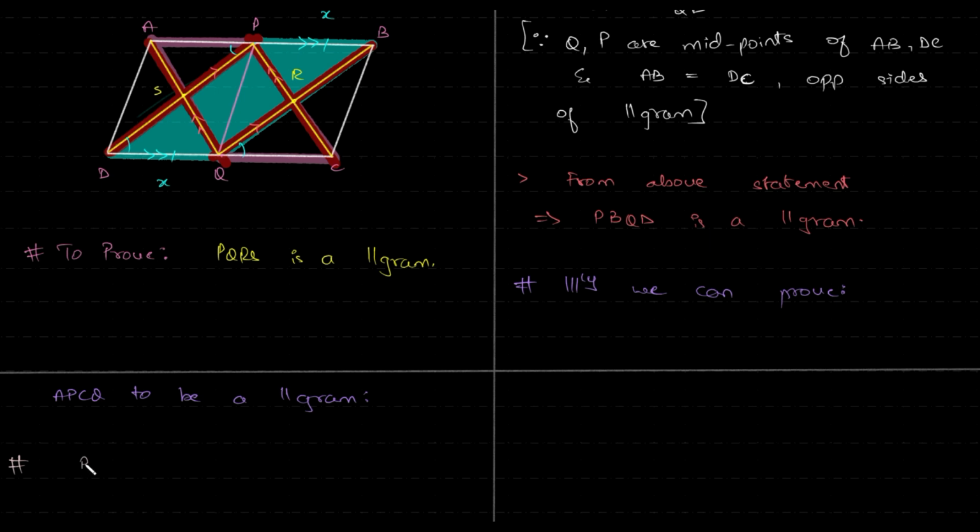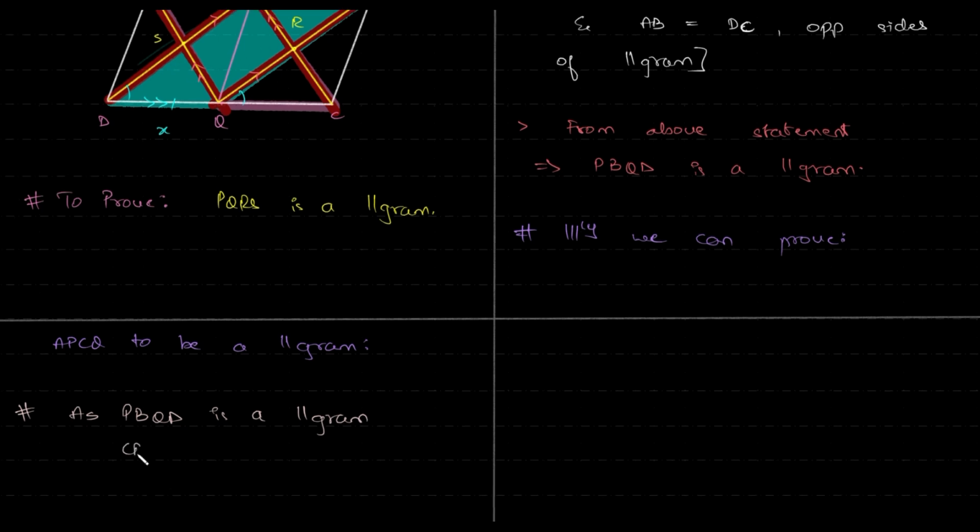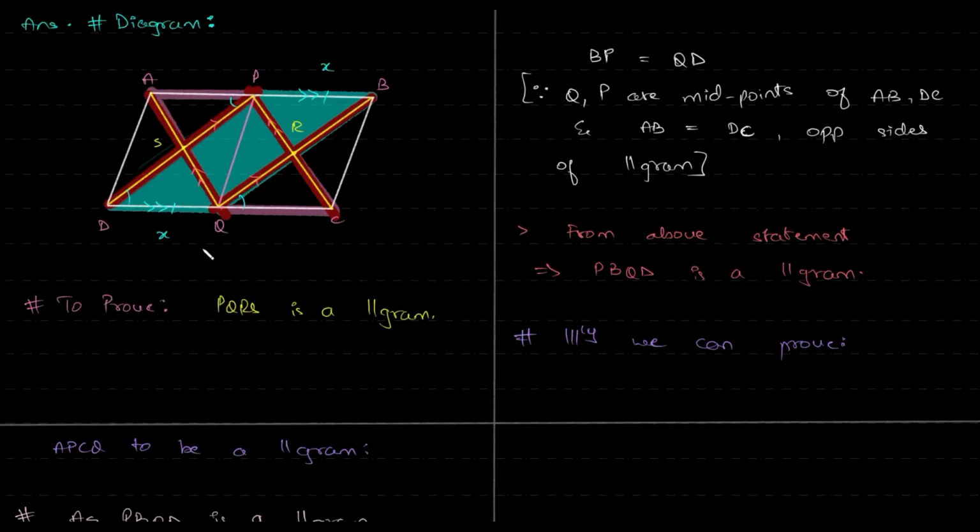So we have BP parallel to, sorry, not BP, as BPQD is a parallelogram, what can we conclude? Actually, I could have written it over here itself, but I'm just going with the flow. CR is parallel to SQ. They are opposite sides. We need not explain that much.